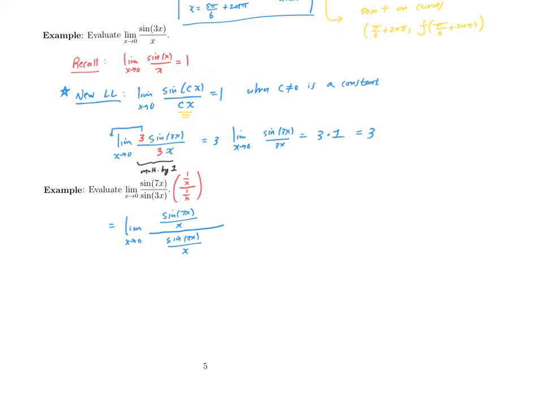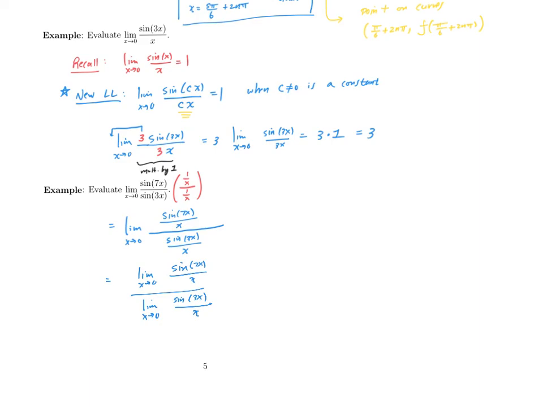So what I'm going to do is two things at once. I'm going to take the limit in the top and the bottom, and then just like we did in our previous example, we're going to add in some constants to match up with that formula. So this would be the limit as x approaches 0 of sine 7x over x divided by the limit as x approaches 0 of sine of 3x over x.